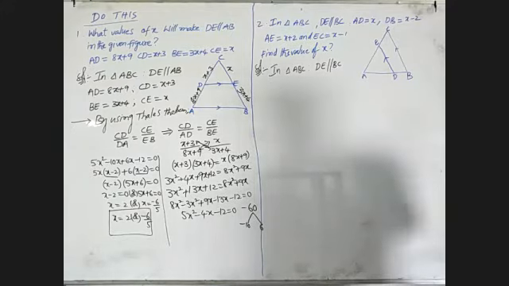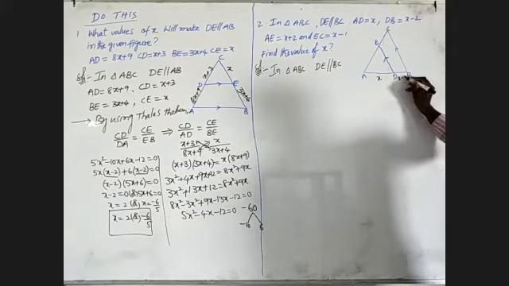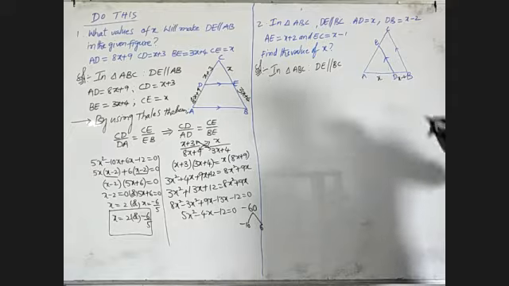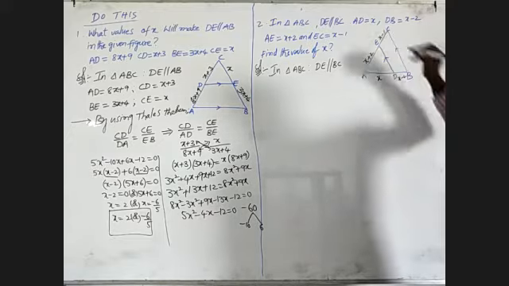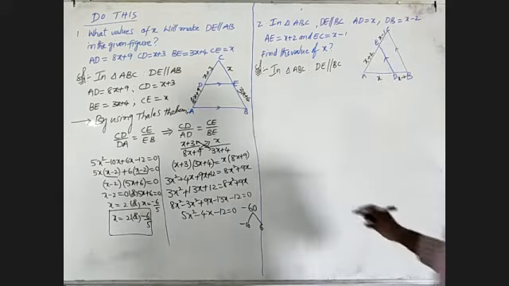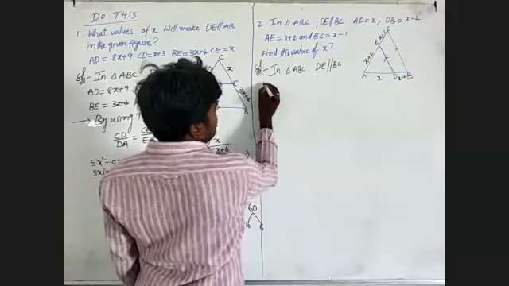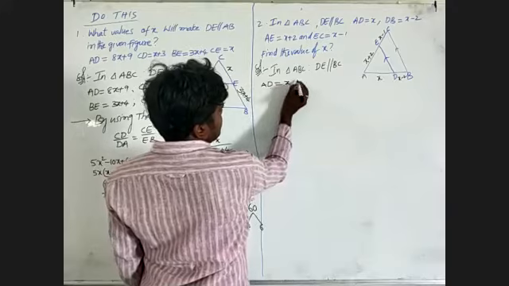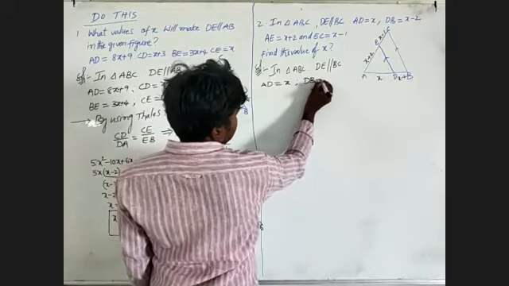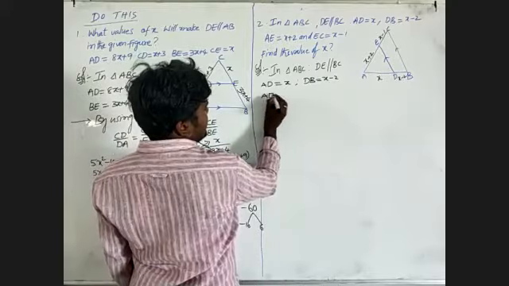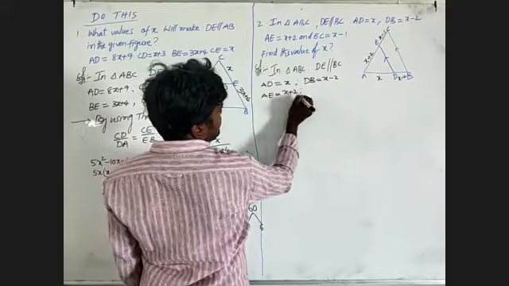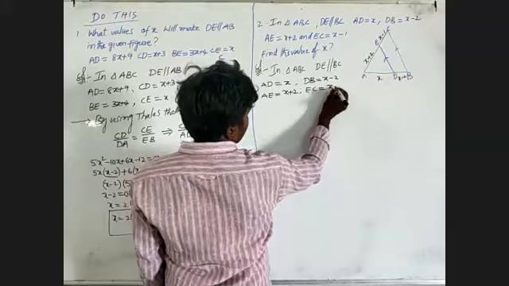Otherwise, we'll take the lengths: AD must be taken as x, DB is x minus 2, AE becomes x plus 2, and EC is equal to x minus 1. We write the values: AD is equal to x, DB is equal to x minus 2, AE is x plus 2 and EC is x minus 1.